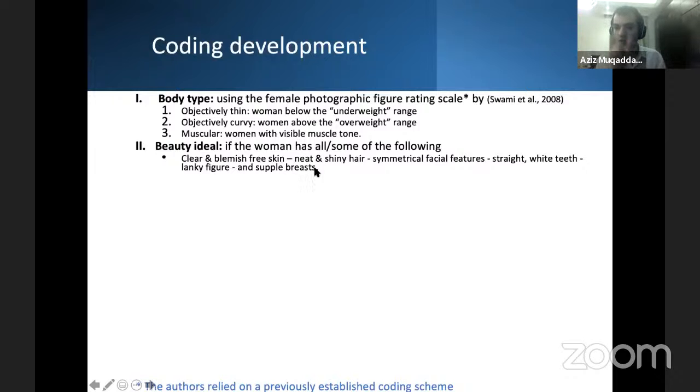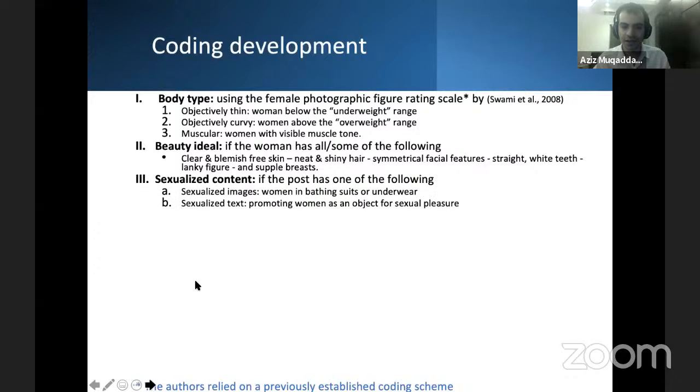So here are more specific physical features. If some or all of these physical features exist in a picture, they would say this picture is promoting a beauty ideal. You get this part, right? They did it for some or all. They didn't do it one by one. Even if it had only some, they would say it had a beauty ideal.